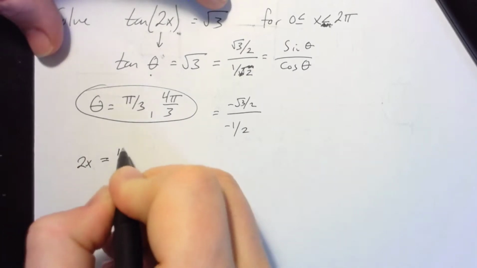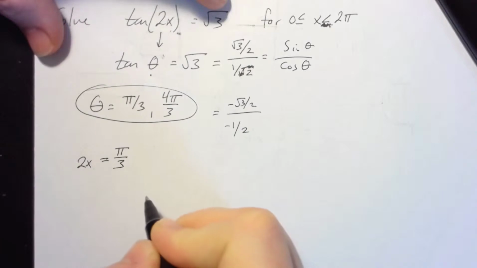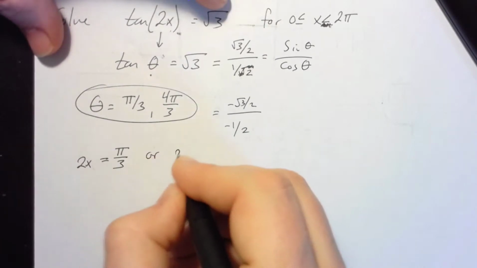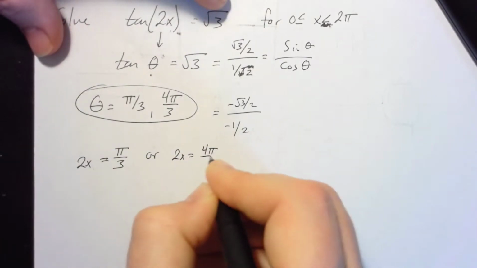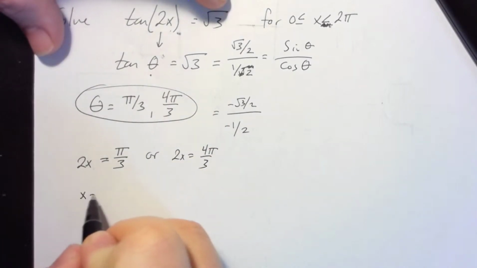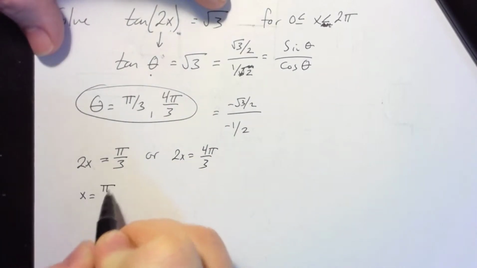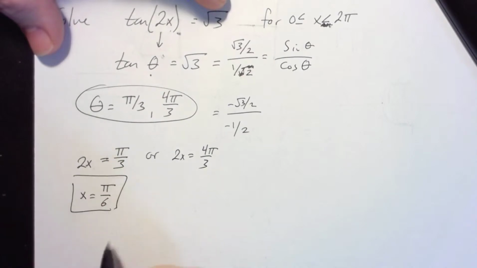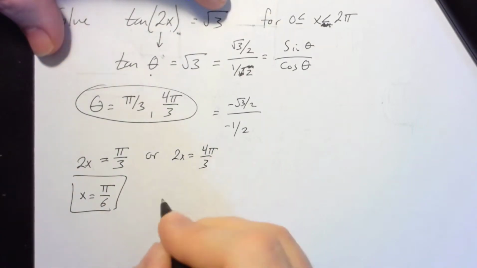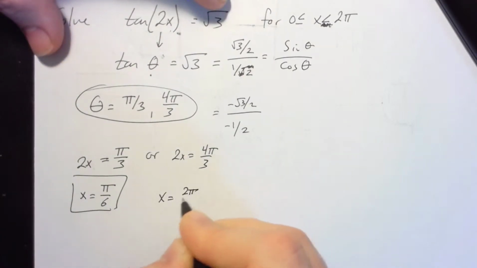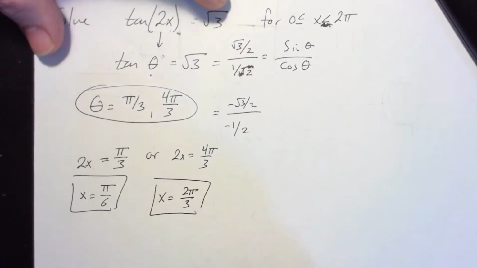So 2x must be equal to pi over 3, or 2x must be equal to 4 pi over 3. In this case, I'll divide both sides by 2 and provide myself with pi over 6 as a potential solution for x. For this one, I will end up with x equals 2 pi over 3 as a potential solution.